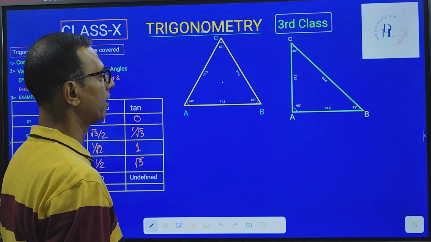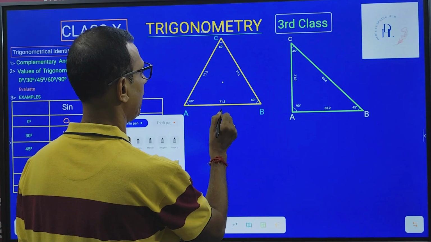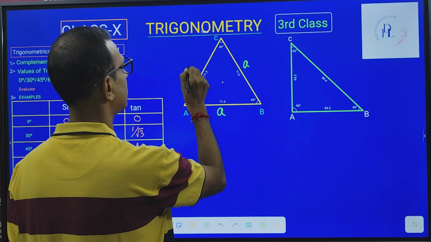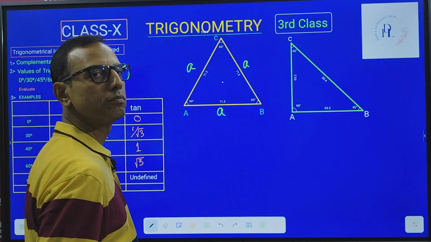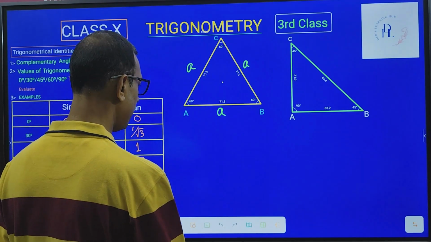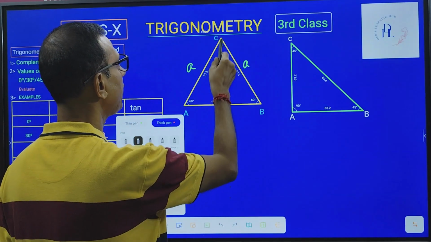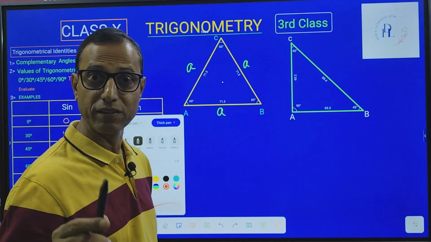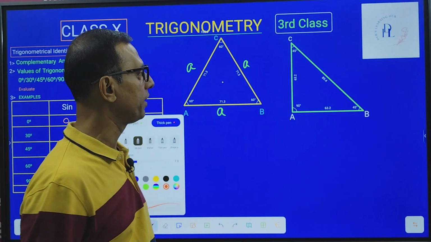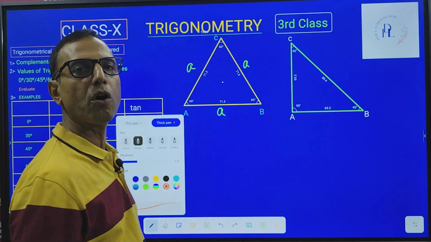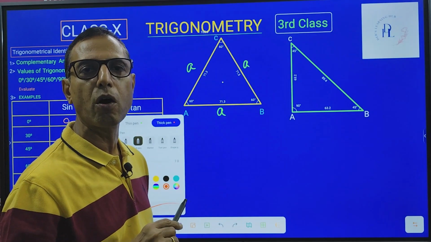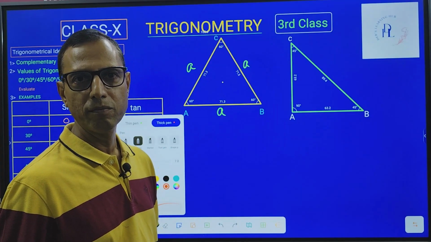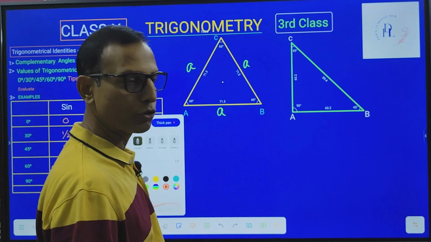For this triangle ABC, all the angles are 60 degree, and AB equals A, BC equals A, and AC also equals A. Now if I draw a perpendicular from the vertex C on AB, with respect to geometry, you already know that for an equilateral triangle, if you draw a perpendicular from a vertex to the opposite side, it will bisect the opposite side. That you know already, but still I'll show you once more.